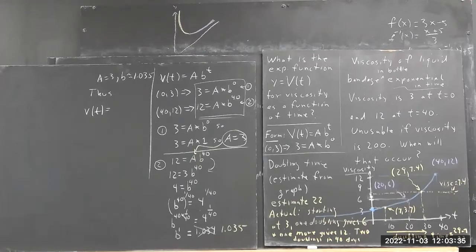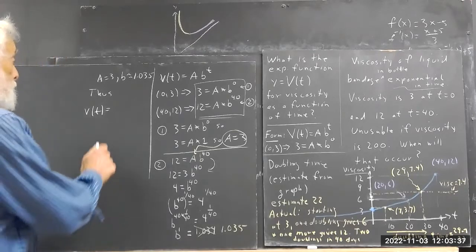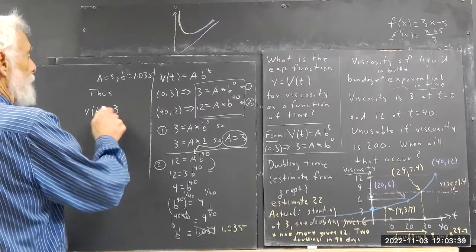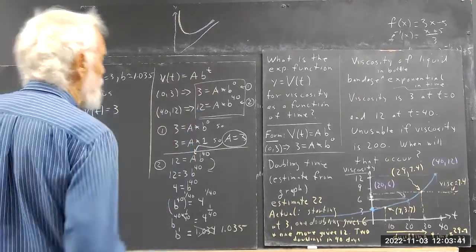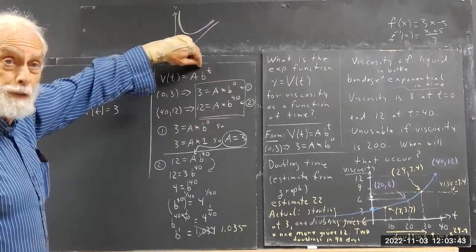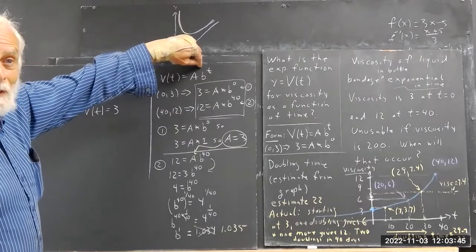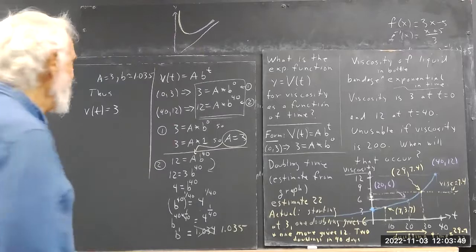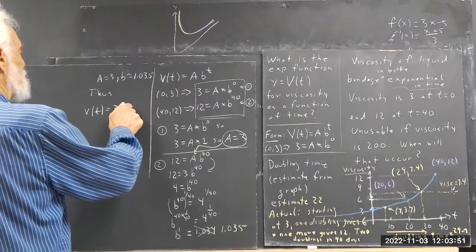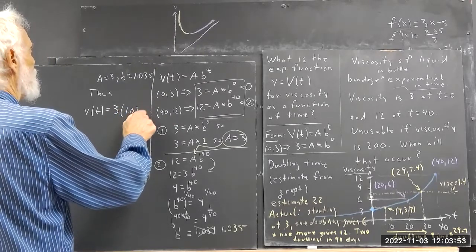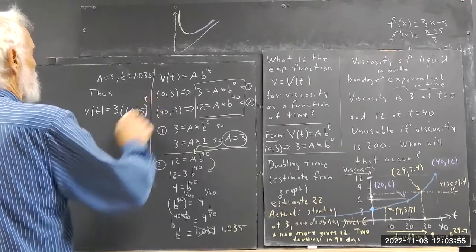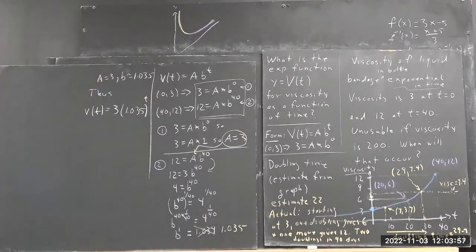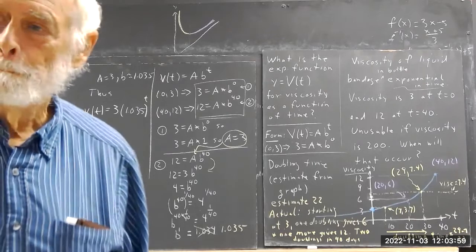Okay, y'all are having a good day. Everybody wrote that out almost right away. V of t is A, B to the t. The whole reason we did this is to figure out what A is and what B is, so we can write out the function. Well, everybody was on top of that. Okay, and very pleased to see that. Okay, 1.035 raised to the t. Okay, now.